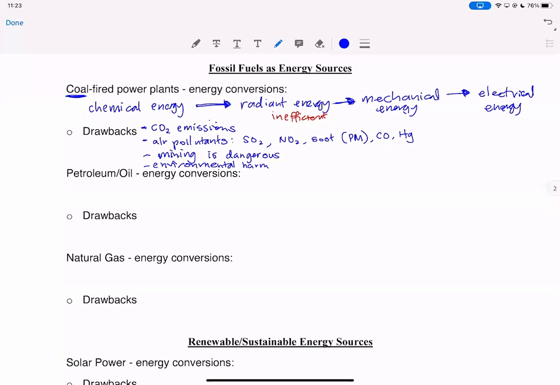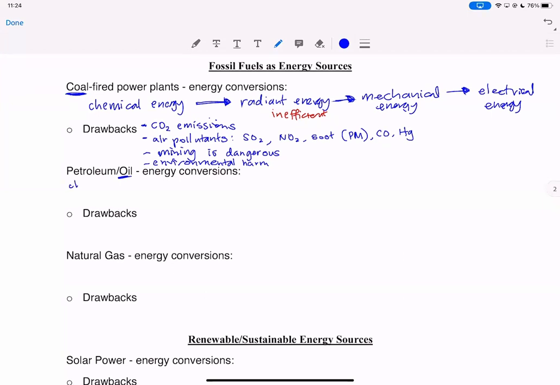Oil. So the energy conversions of oil are basically the exact same as burning the fossil fuel of coal. Oil is also a fossil fuel. It is meant to be in the carbon reservoirs, but we pump it out from underground because it is chemical energy that can be burned in a combustion reaction to generate heat.